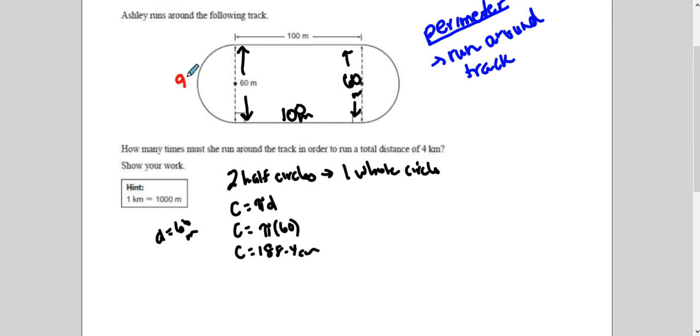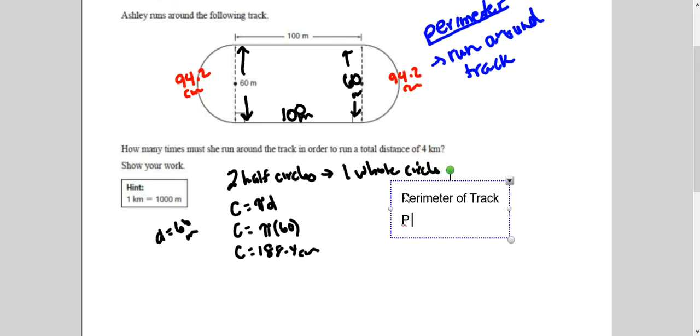Now, if you thought of it differently, if I split that into two half circles, this would be 94 meters here, 94 meters here. Okay. Now we can find the perimeter of the track. Okay.